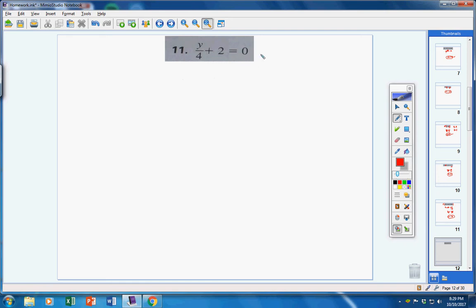First of all, simplify both sides. Next, eliminate fractions. So I have a fraction with a denominator of 4. I'm going to multiply the equation by 4. 4 over 1 times 1 over 4. Your 4's cancel, leaving you with y over 1, which is just y. 4 times 2 is 8.